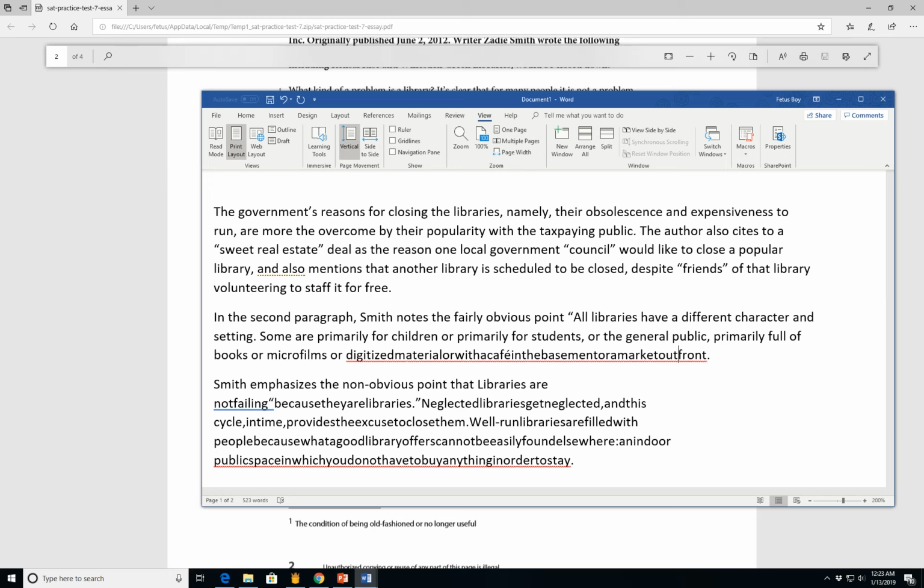Out front. Digitized material. Basement or out front.